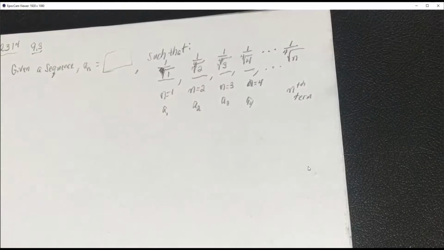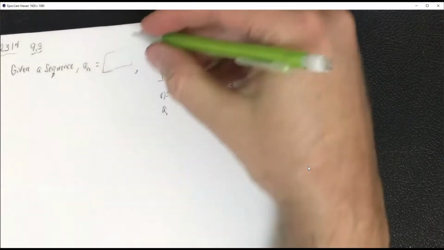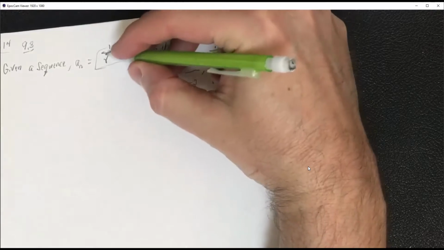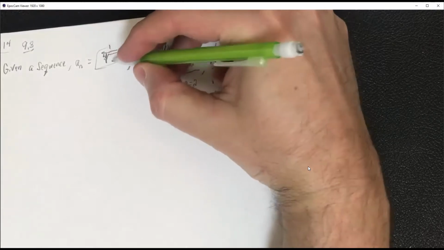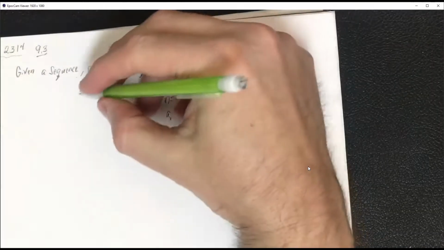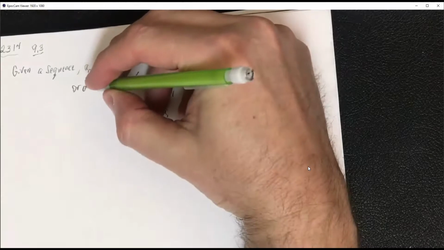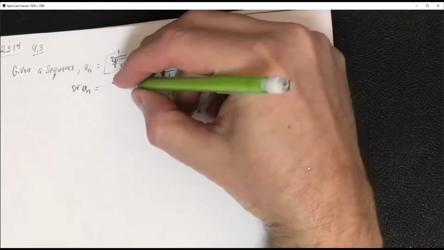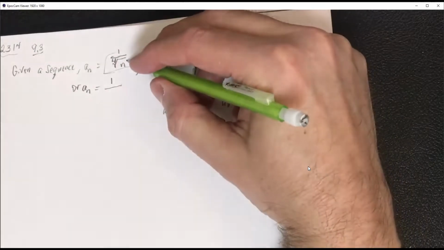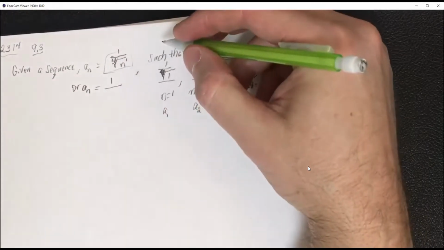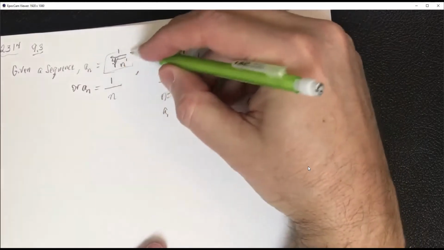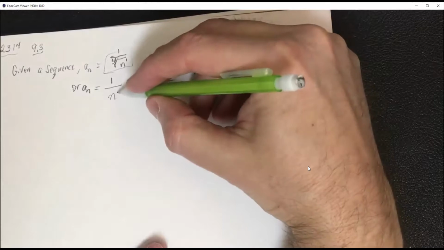So therefore this formula right here would be 1 over the fourth root of n, or a sub n equals 1 over, and this is where at least one of you noticed what the power is, because how can we rewrite this from radical form to just a power form?